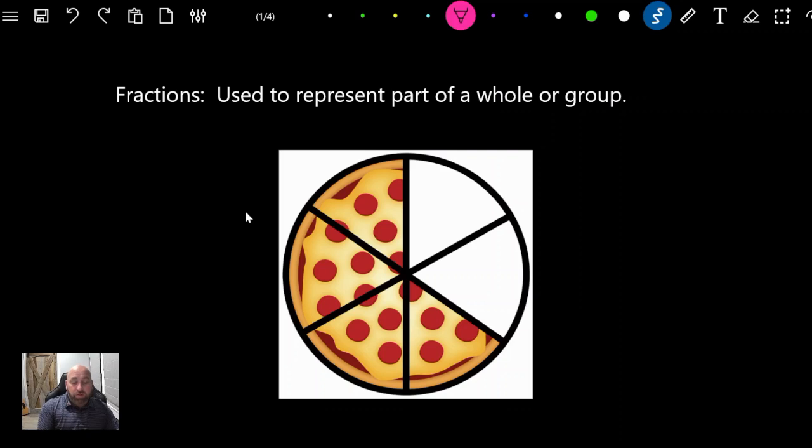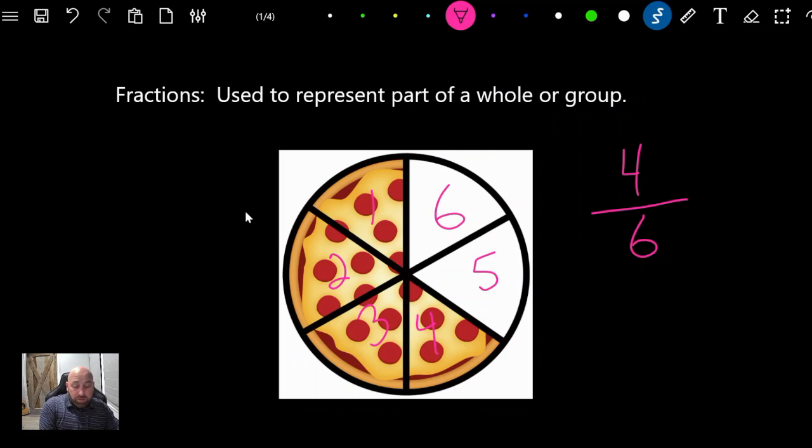So here's the way that we would write that. We would say there are four pieces of pizza left, but then we would put a little line like that, and then we tell how many total pieces there were. So 1, 2, 3, 4, 5, 6. There were 6 total pieces of pizza.